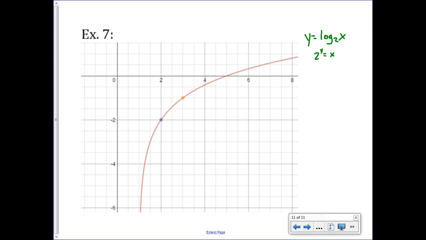So we would have 1, 0 would be one of those points. And then we would have 2 to the first would be 2. So we would have 2, 1 would be your other point. And so it looks like this.